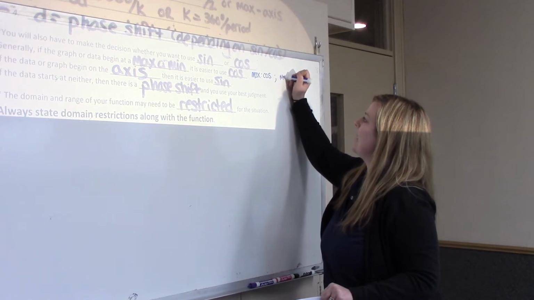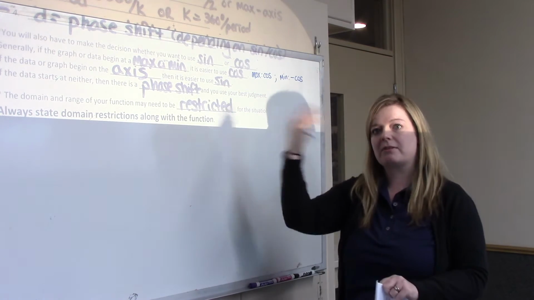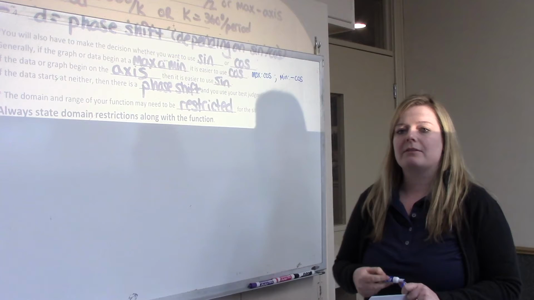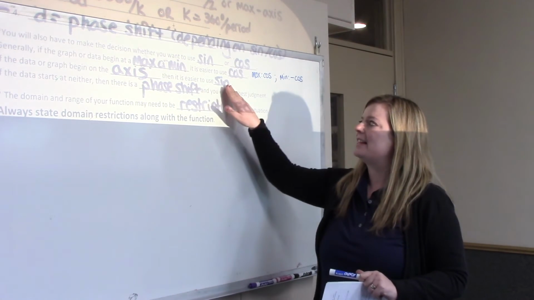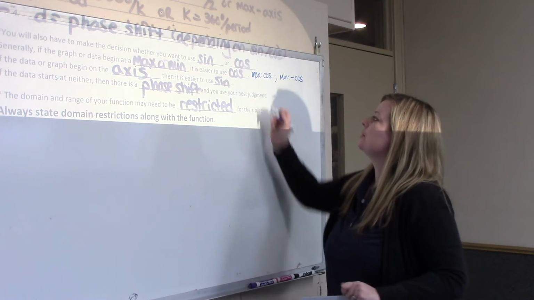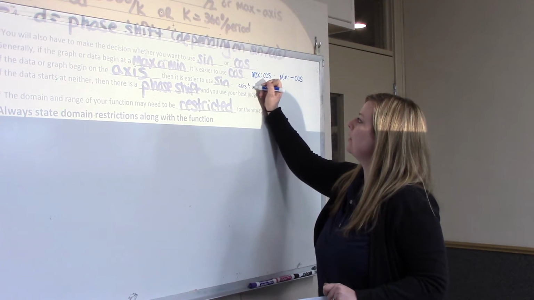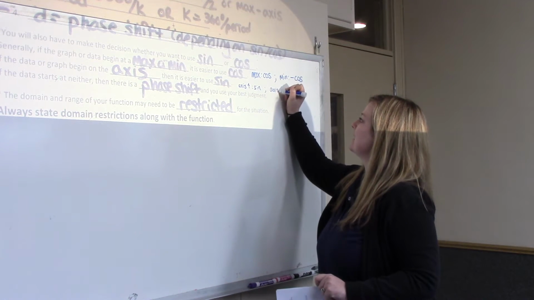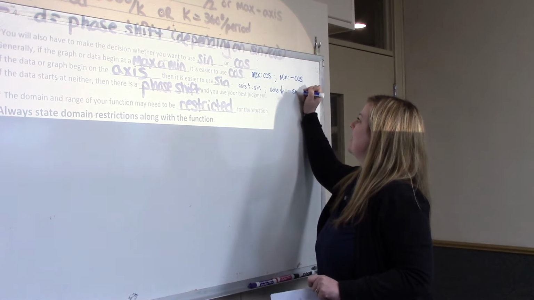If it starts at a minimum, then you use negative cos, because it's been reflected to start at the minimum. If the data or graph starts on the axis, then it's easier to use sine. If it starts at the axis and goes up, you use sine. If it starts at the axis and then goes down, you use negative sine.